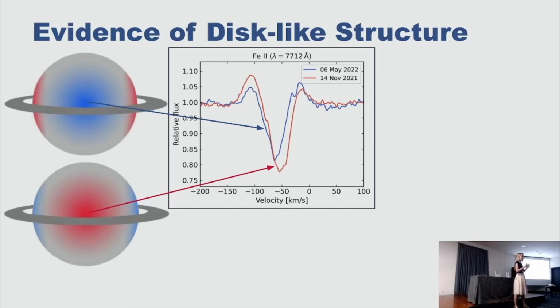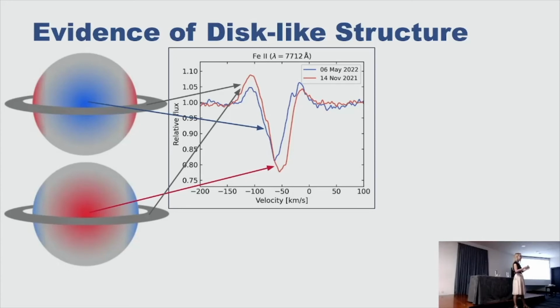But large-scale nebula, that is, can be found in many other yellow hypergiants. It has not been detected around V509 Cassiopeia. So there has to be some sort of smaller scale structure around the star. For example, if it's a disk-like structure, then the emission components are formed further away from the star.